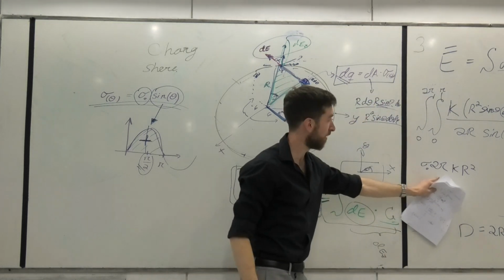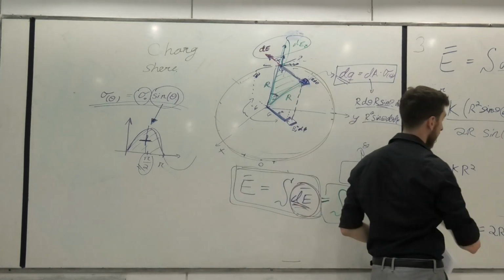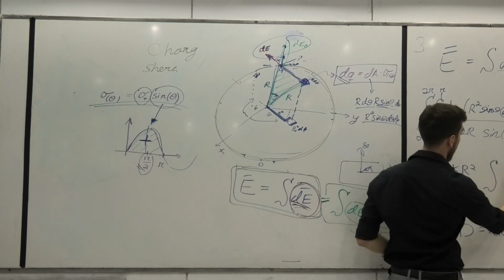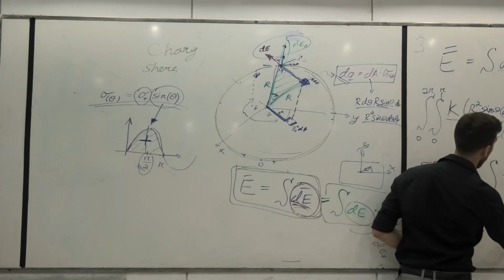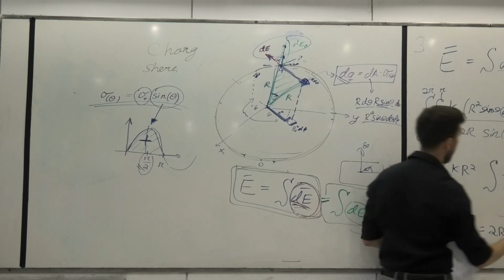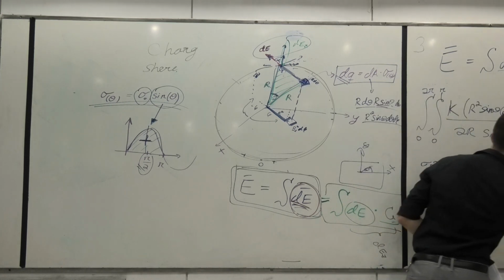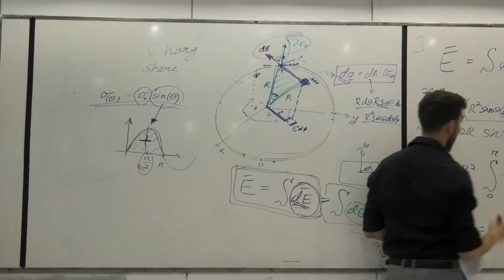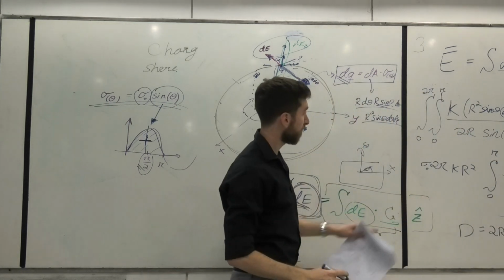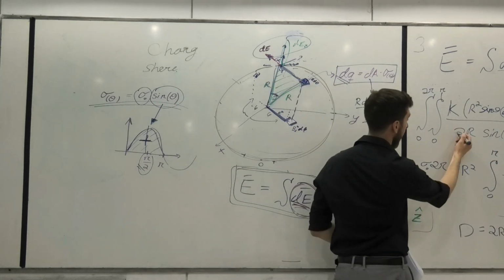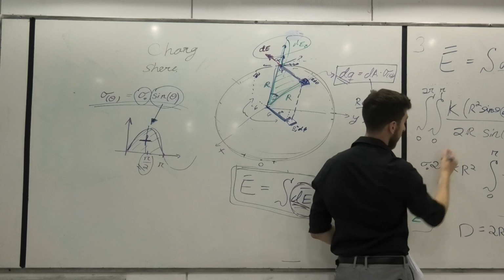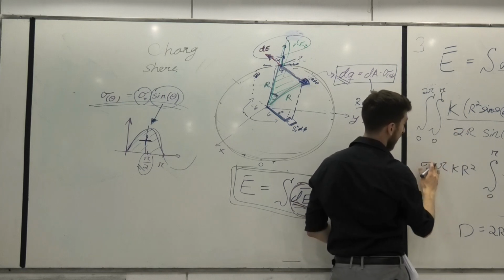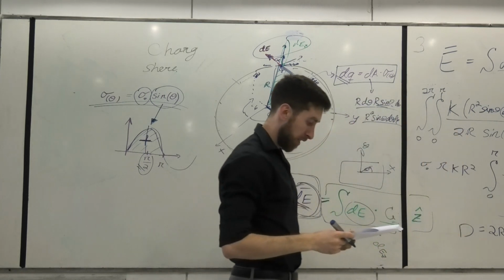So we have this sine theta, which is horrible, and here d theta, 0 to pi. And this one cancels with this one, so this one actually died. We can get rid of that.